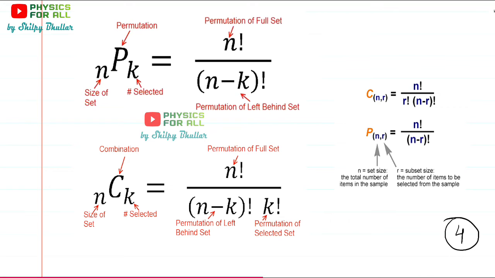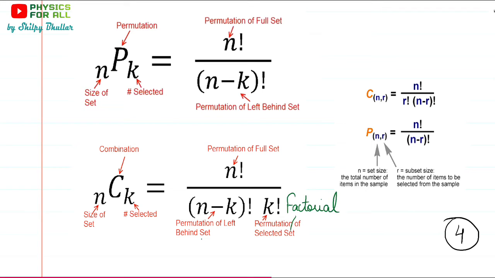You have selected k out of n, so what is left? Obviously n minus k. So the factorial of the left behind set into the factorial of the selected set.